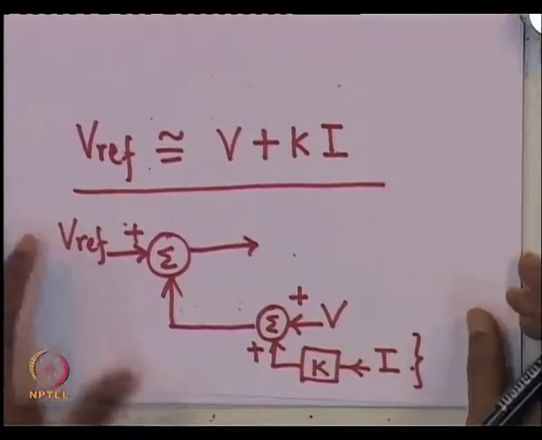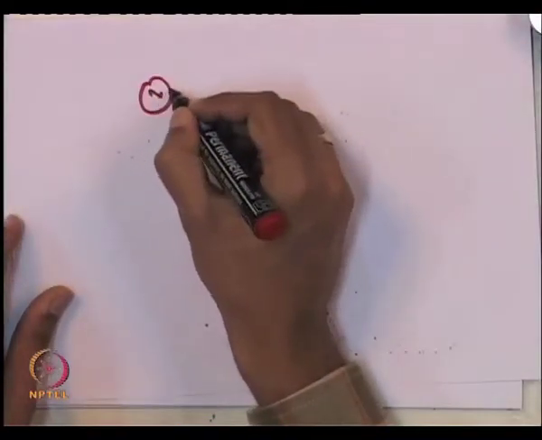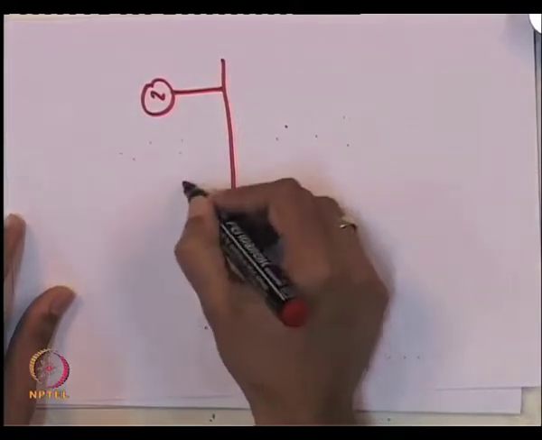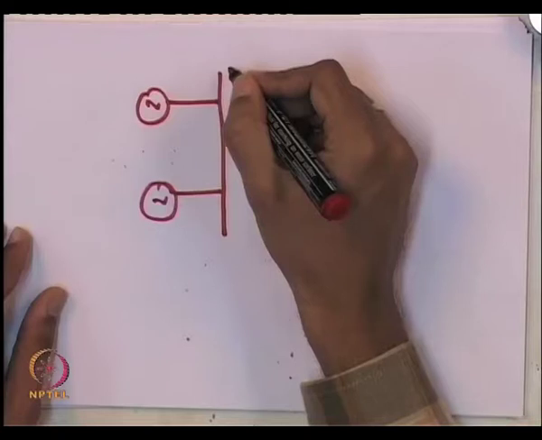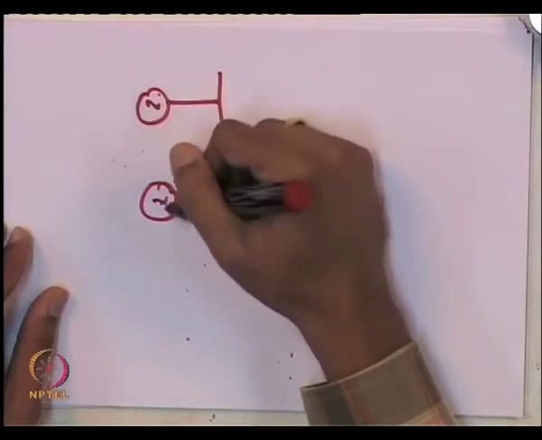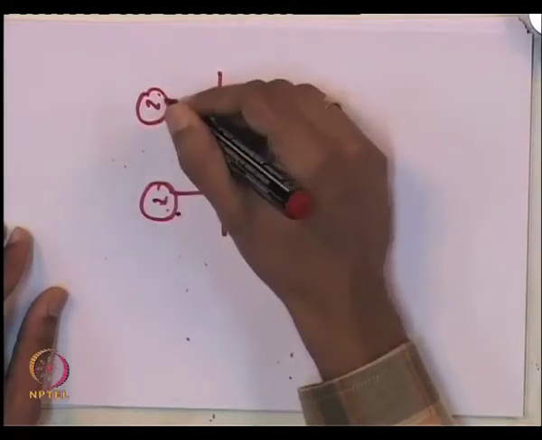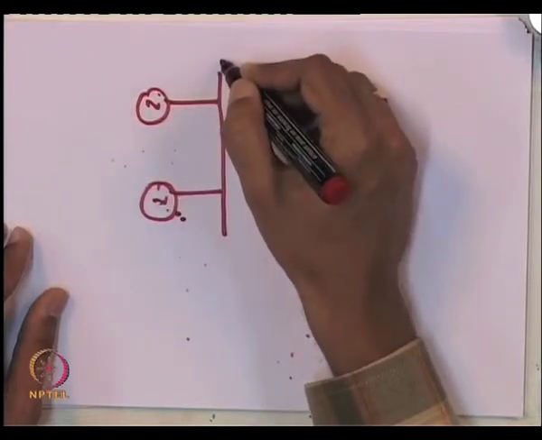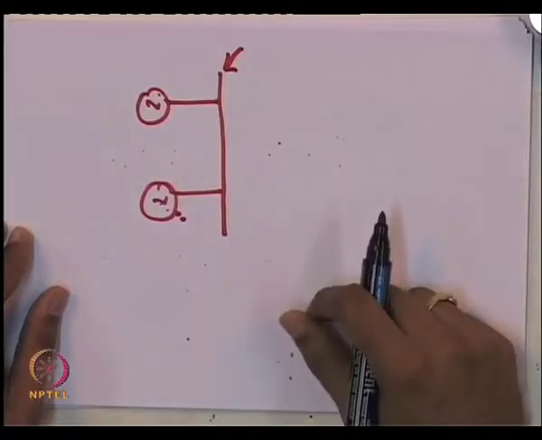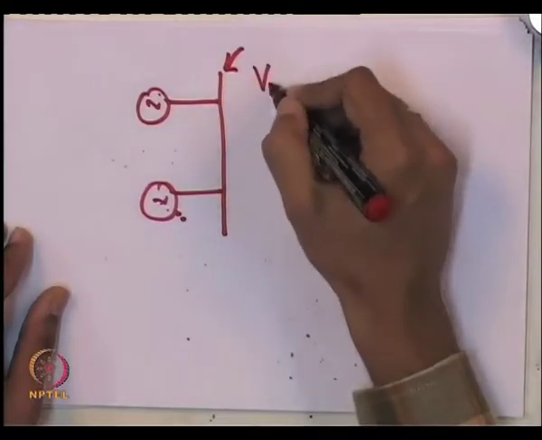The thing is that if you have got two machines which are connected to the same bus. So, this is two synchronous machines connected to the same bus, and both these machines have an excitation system. Okay. So, both these machines have an excitation system, both are trying to maintain the voltage of this bus constant, okay, at Vref.